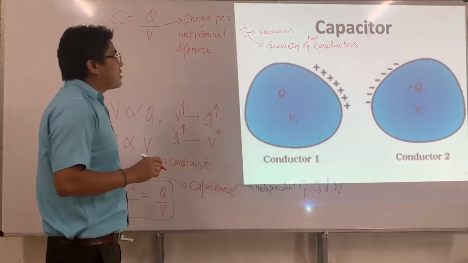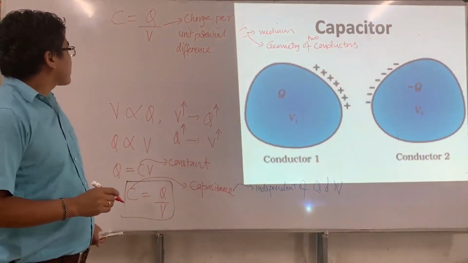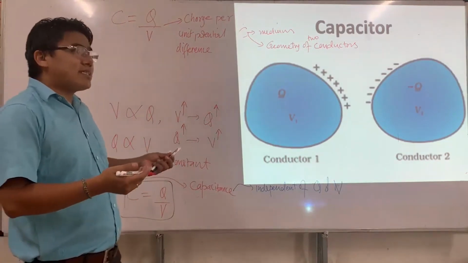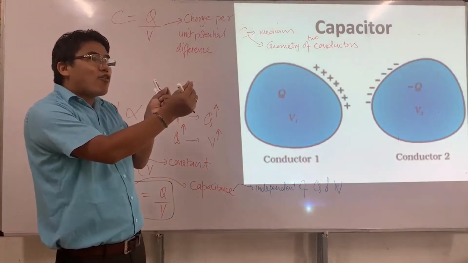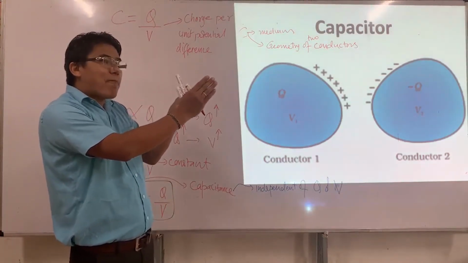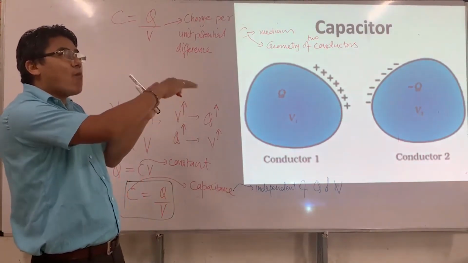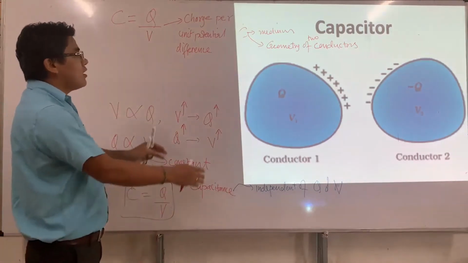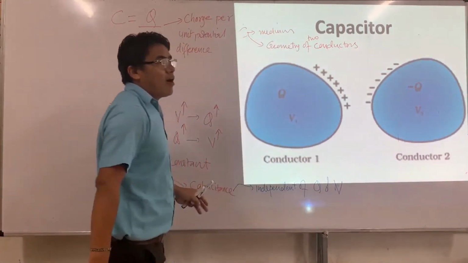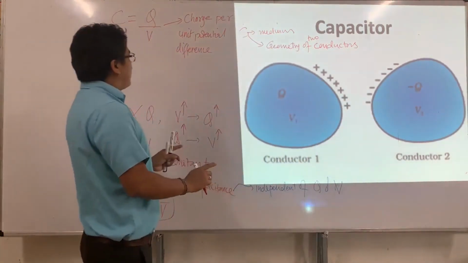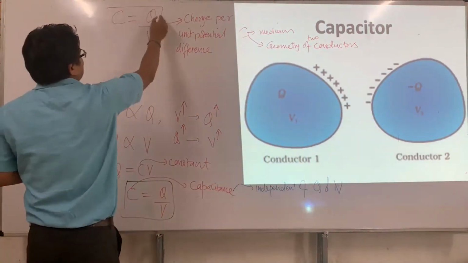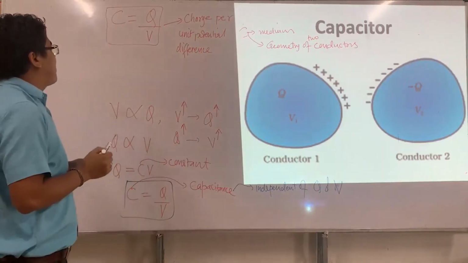That means if I apply this much potential, how much charge should there be? How much charge should there be in order to have this much potential difference? This is what we call capacitance.